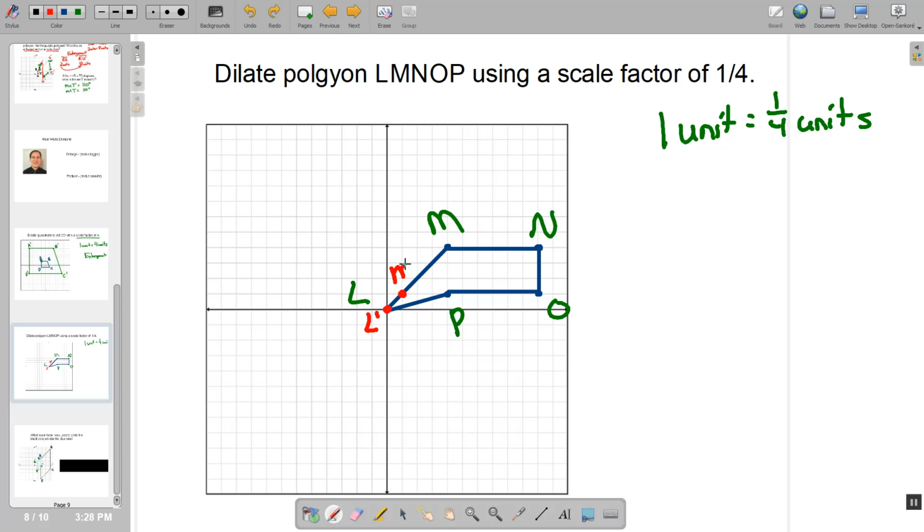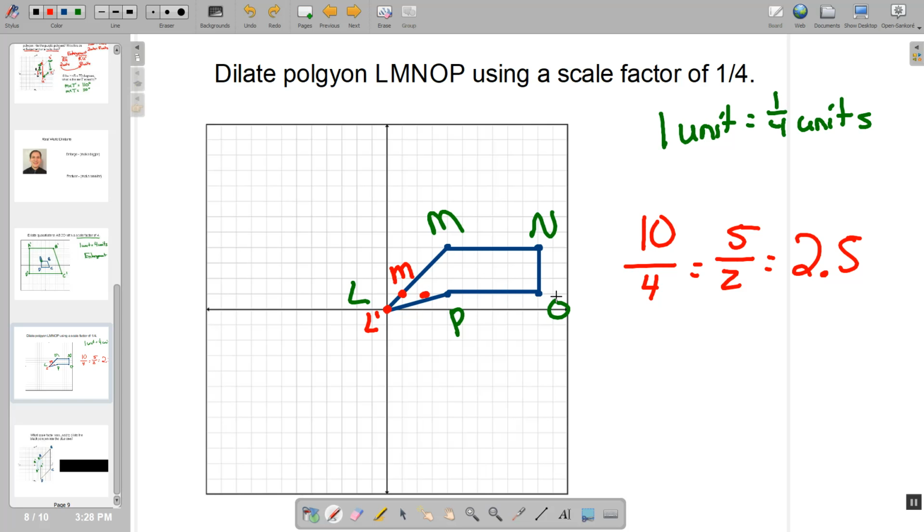Our new M is right here. N is over 4, 5, 6, 7, 8, 9, 10, and up 4. Well, 10 divided by 4 is a decimal. It's actually 5/2, or if you wrote it as a decimal, 2.5, which means that we're going to go over 2.5, but stay up 1.